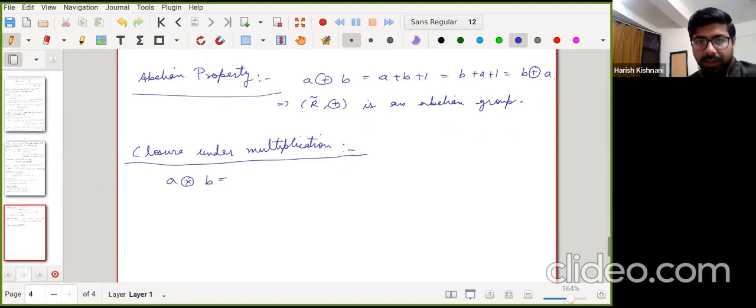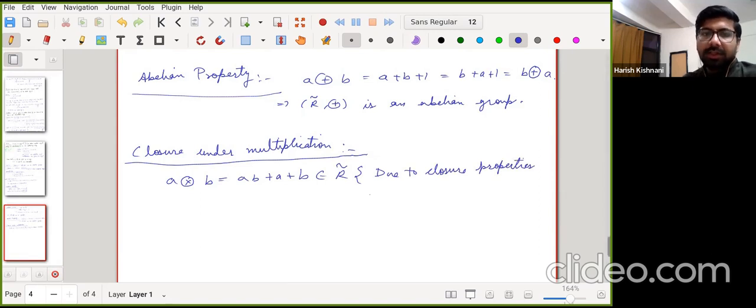It was AB plus A plus B, and it belongs to R delta due to the closure properties. So we are using the closure property for the initial ring, for both addition and multiplication. Because A is there, B is there, AB is definitely there inside the original ring. So due to the closure property of R, this follows, right?